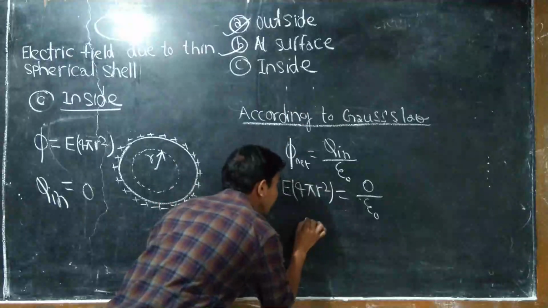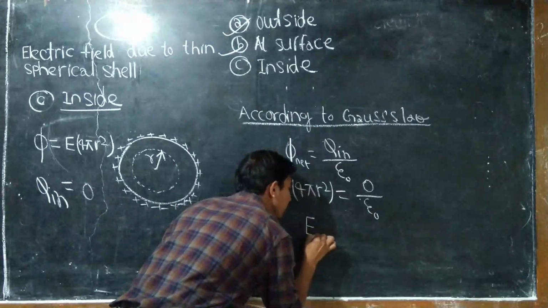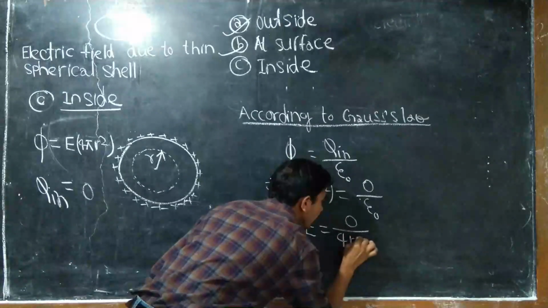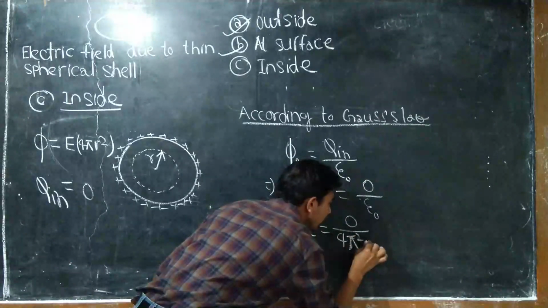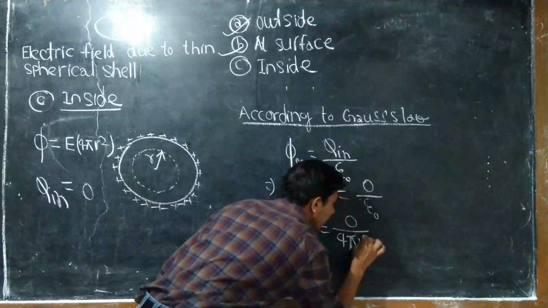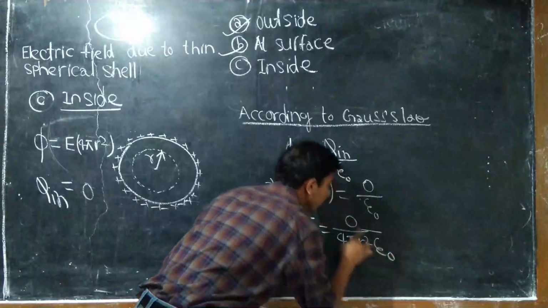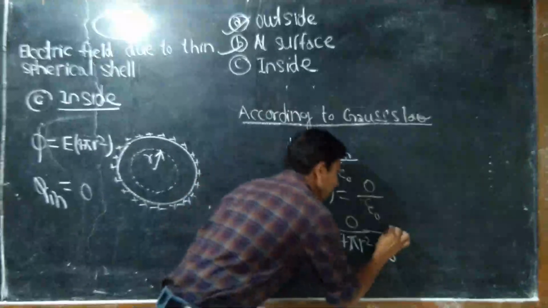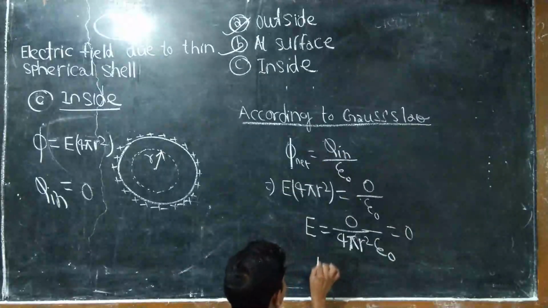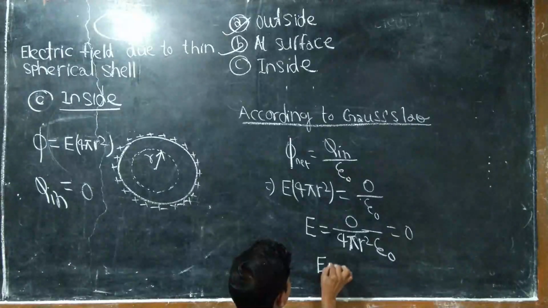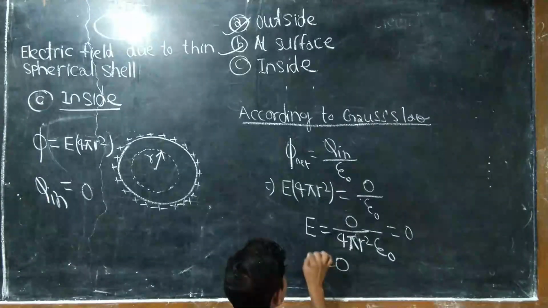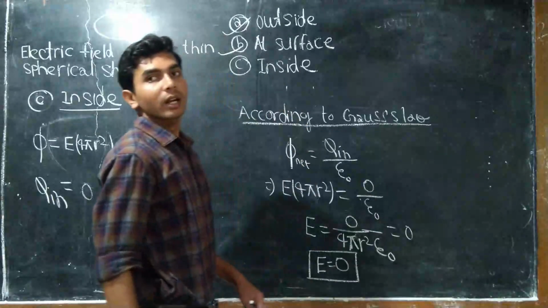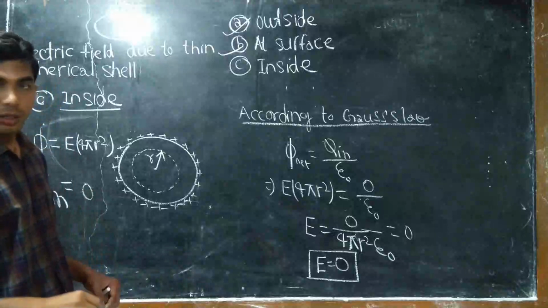So further we can write E is equal to 0 by 4 pi r square epsilon 0. 0 divided by any value will be 0. So the electric field inside the spherical cell will be 0.